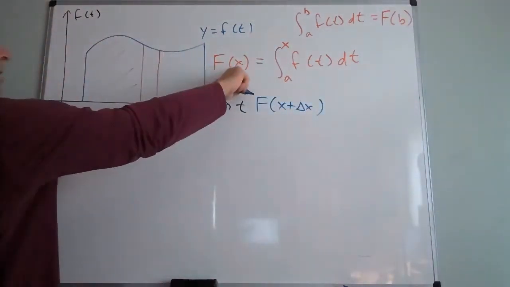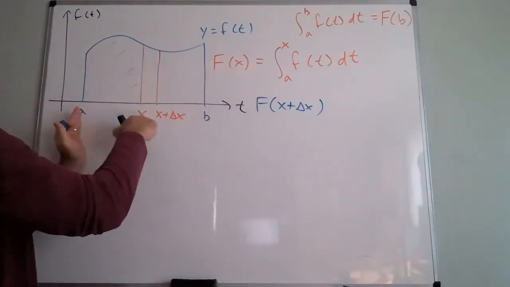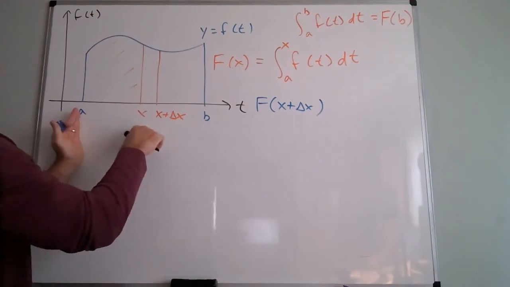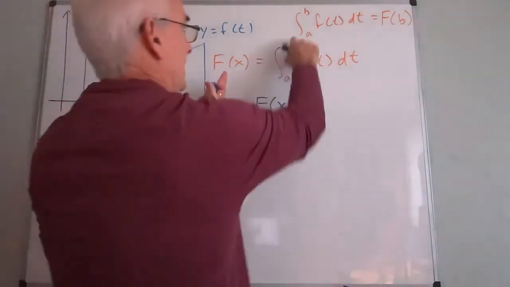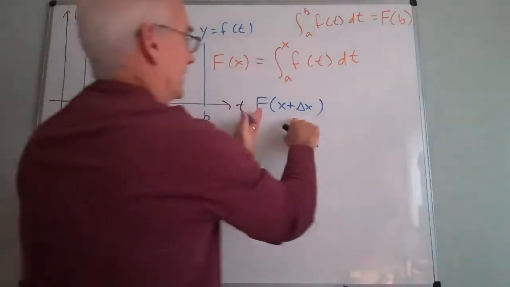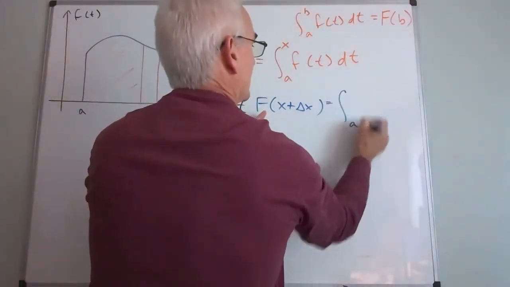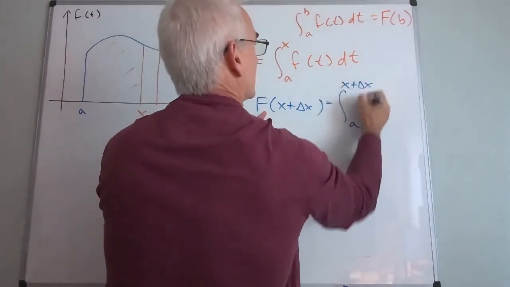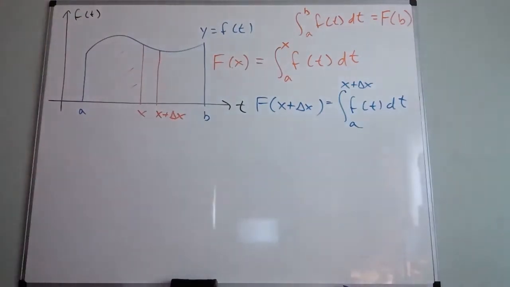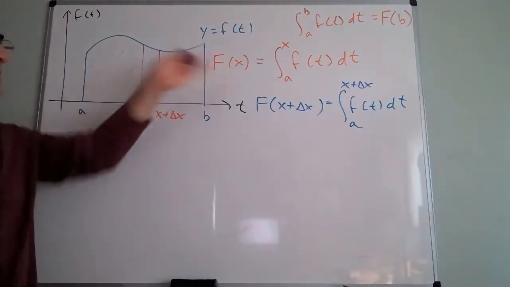Because remember, what we put here is just the furthest to the right. The way we've defined this, we're starting at A and moving to the right to whatever this value is. A to x, that's F of x. So A to x plus delta x would be this guy, and I'm going to write it like this. Again, that just goes back to this definition.